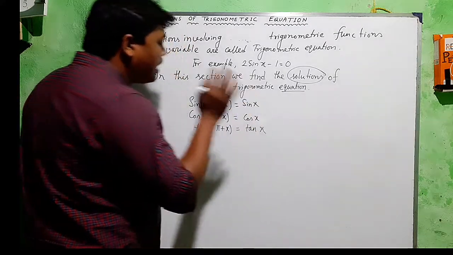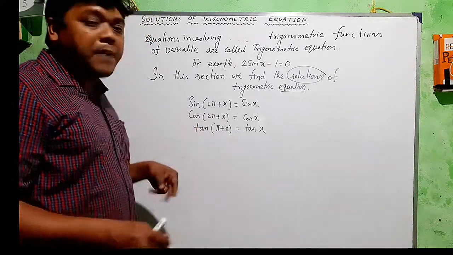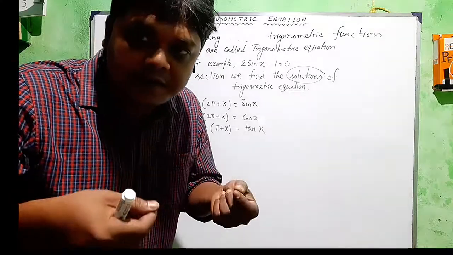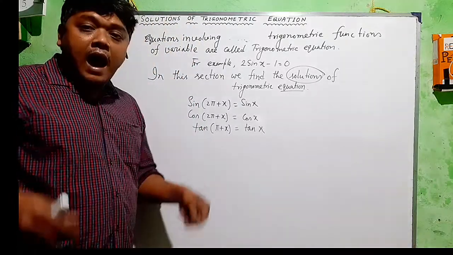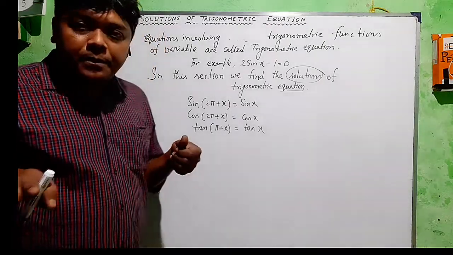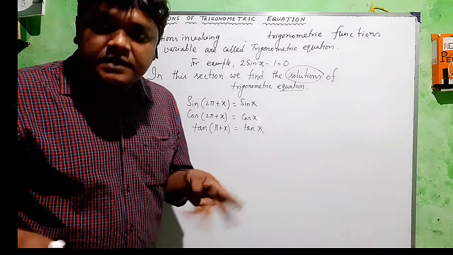We have already learned about this because after 2 pi period the values of sin x and cos x repeat, and after pi period the value of tan x repeats.